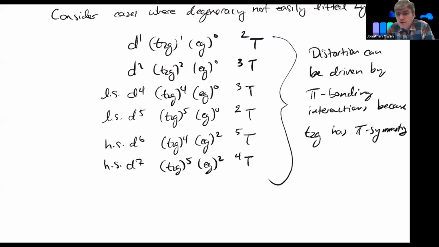Those orbitals point between the ligands, and they can make pi bonds with a p orbital on some ligand out here. So pushing and pulling on the ligands will strengthen or weaken the pi bonds, and that will push the energy of that t2g level around. But if your ligands are only sigma donor ligands, then it doesn't matter. Pushing and pulling them, there's no interaction with t2g. You can't fix this degeneracy problem by distortion.